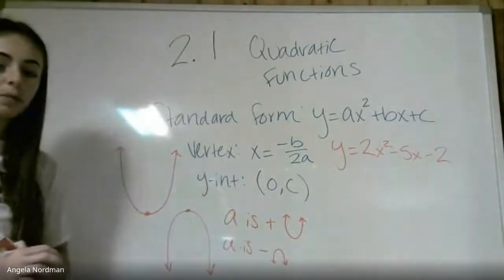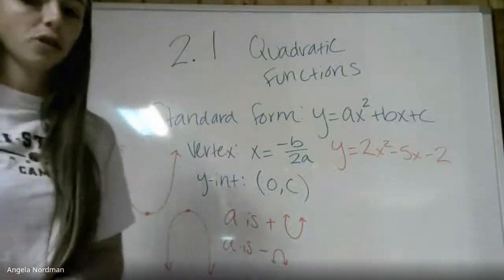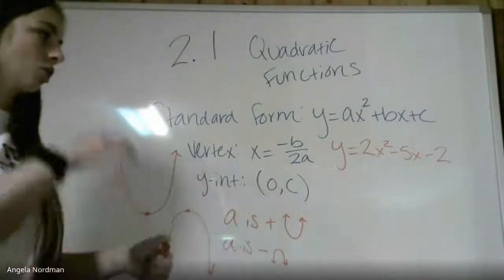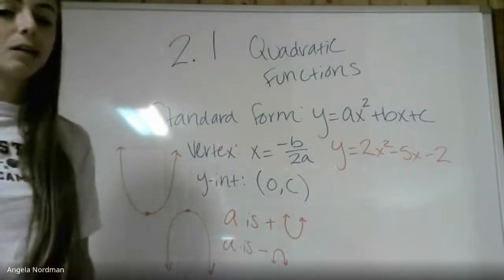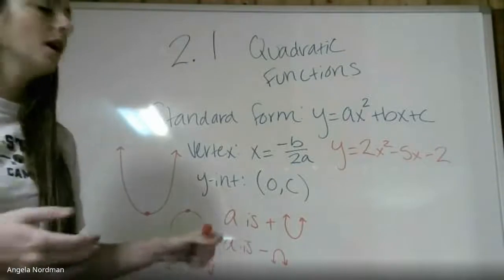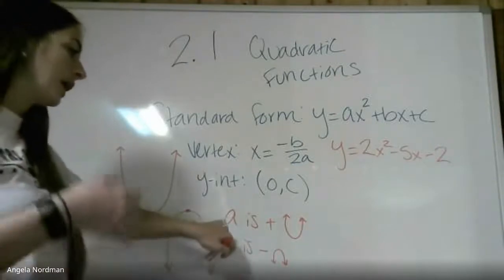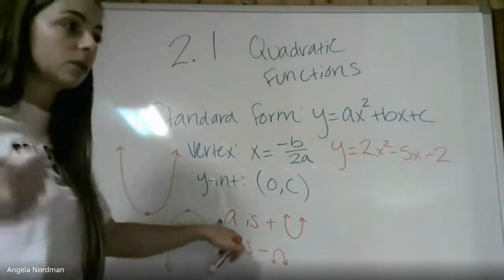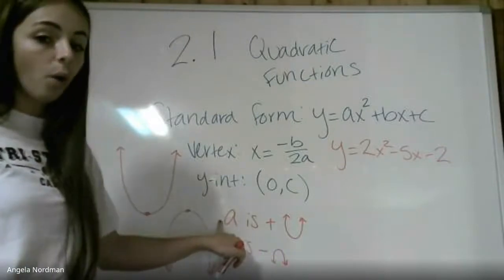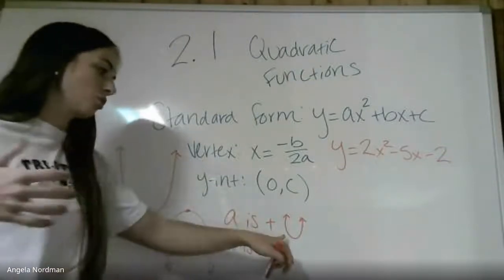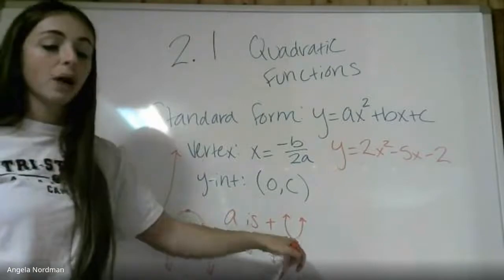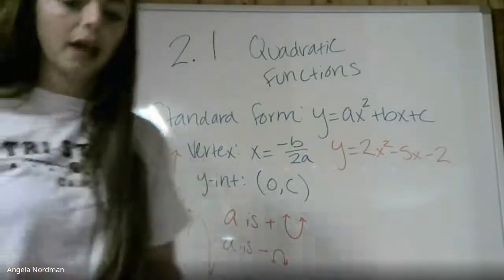This is one of those really helpful pieces of information to know, because you might start graphing something and then be like, I don't quite know if I'm doing this right. This is going to be something that will help you. Like, am I opening up? Yes, okay, I'm at least started right. Or if you know your a is positive, but you're showing a graph that opens down, you're definitely wrong. You should go ahead and try again.